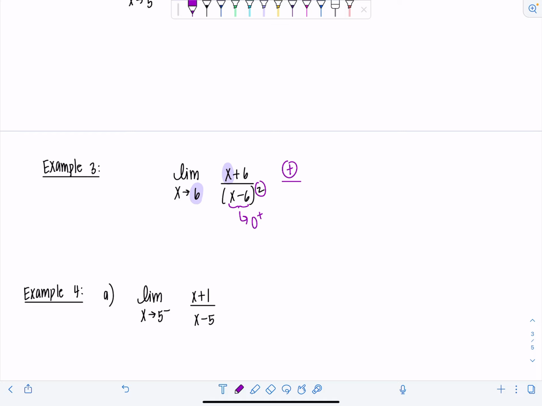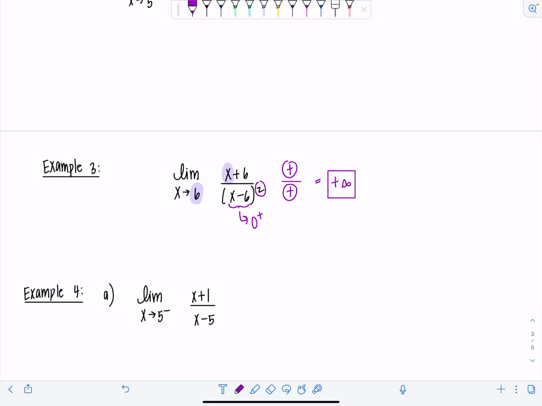It's just shrinking and getting closer and closer to 0 as x gets closer and closer to 6. So we have a positive quantity in the numerator, positive quantity in the denominator, which means this limit is positive infinity. You can just write infinity, but like I said, I always write the plus sign because we have to take into consideration the sign. So I want to just reassure myself that I thought about it, okay?